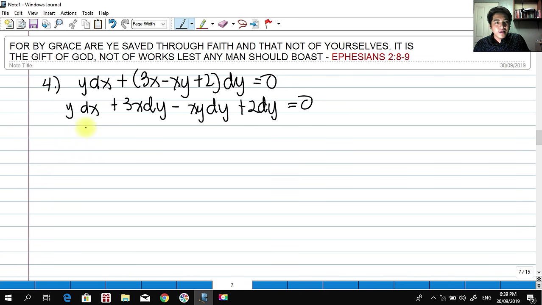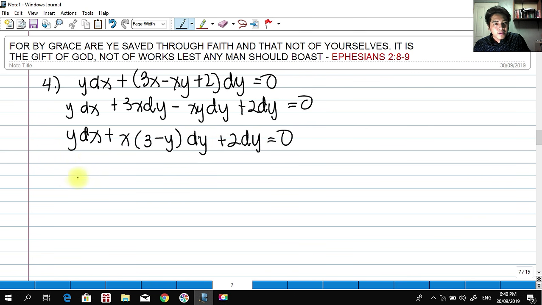Okay, so if I'm going to rearrange this furthermore, we have y dx plus, can I factor out x in here? So we can factor out x in here. So we have x multiplied by, I can factor out also dy, x multiplied by (3 minus y) dy, plus 2 dy is equal to 0.